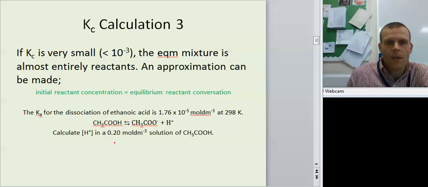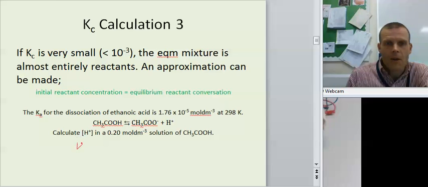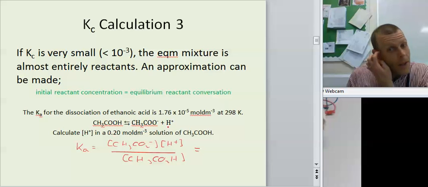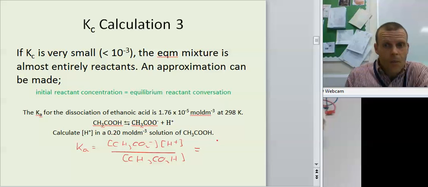So what that means is, if I was to write a Ka expression for this, which would be CH3CO2 minus H plus over CH3CO2H, like that, I can simplify that down, because whenever I get one of these, I get one of these as well, which would mean they are the same concentration. So it's like having H plus squared on the top.